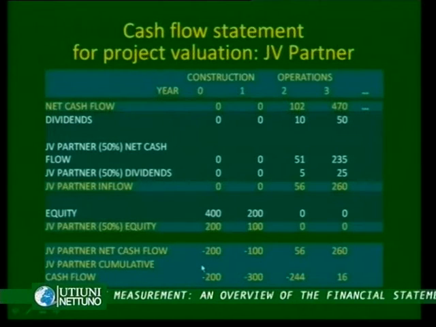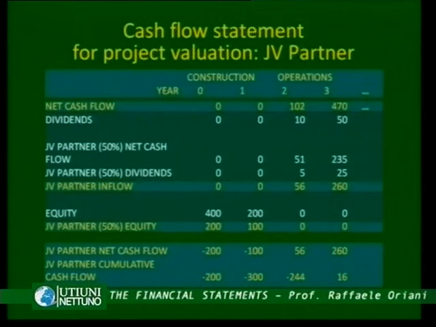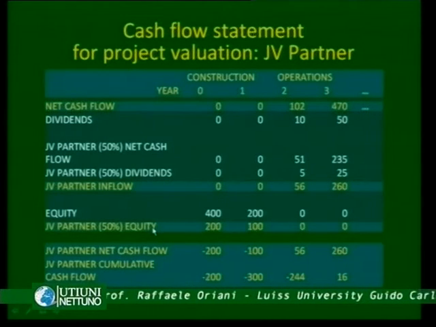So here you find in the line joint venture partner net cash flow, the net cash flow that the project is going to generate for the partner of the joint venture, that is equal to the difference between the inflow of the joint venture partner and the investment in the equity made by the joint venture partner.